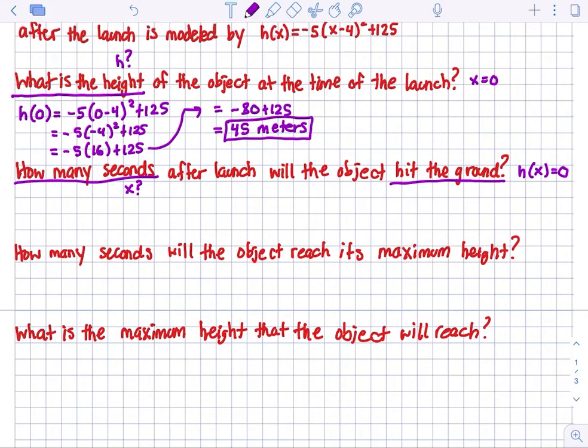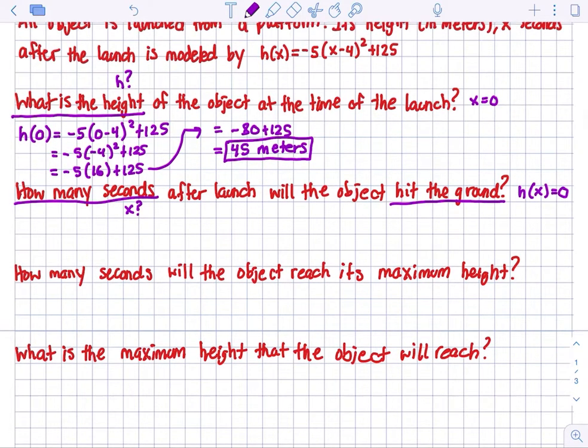Now let's solve. Let's use our original equation. So we know h of x is 0. So 0 is equal to -5 times (x - 4) squared plus 125. Sorry, I put 0 into two spots. It says how many seconds, so we need to solve for x.